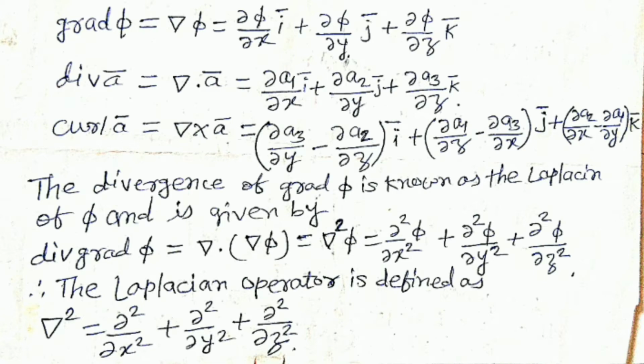That can be written as del square phi, which is nothing but ∂²φ/∂x² plus ∂²φ/∂y² plus ∂²φ/∂z². Therefore, the Laplacian operator is defined as del square equal to ∂²/∂x² plus ∂²/∂y² plus ∂²/∂z².